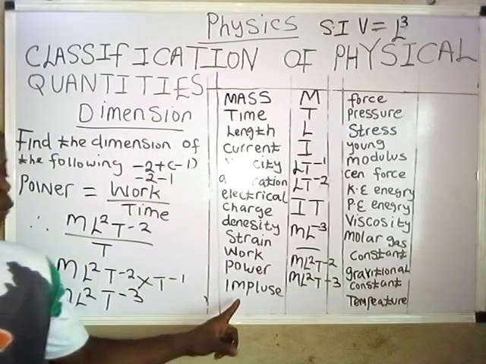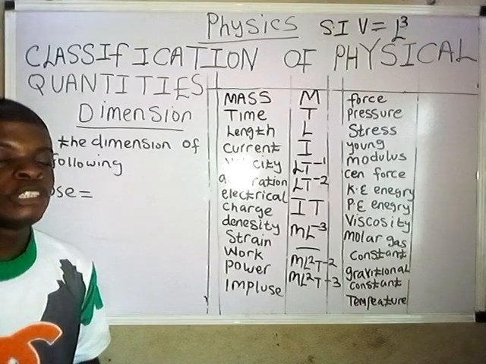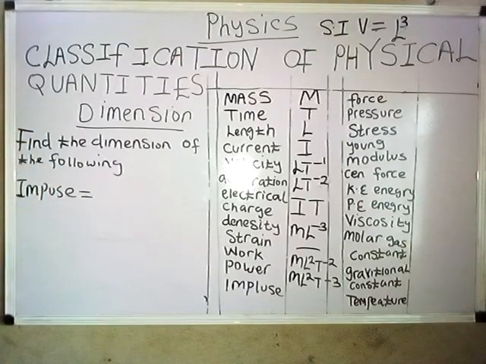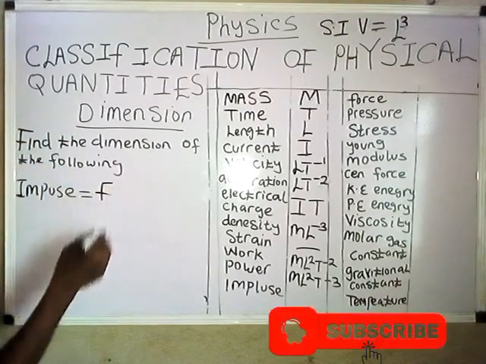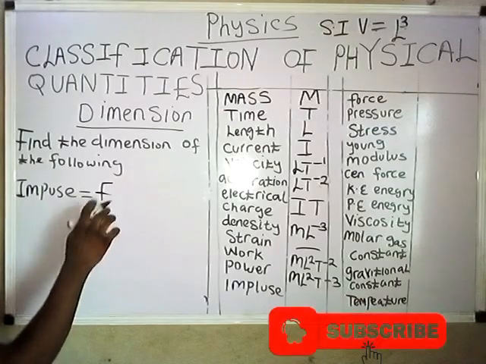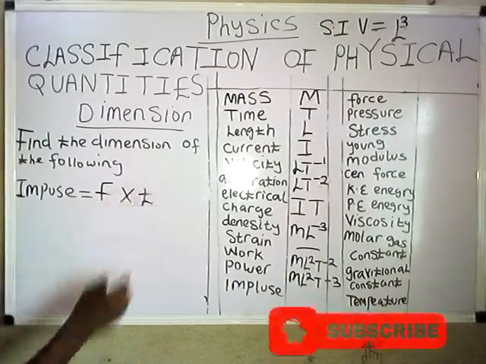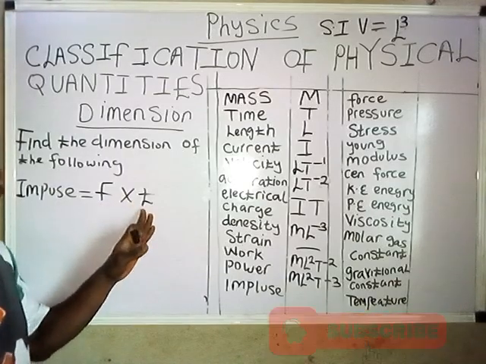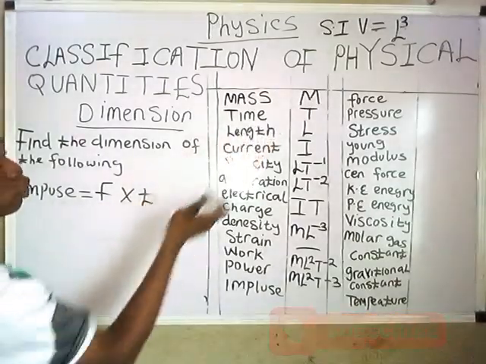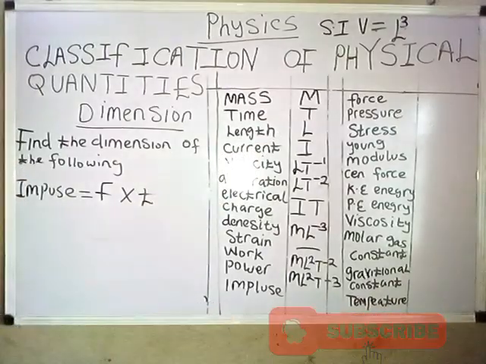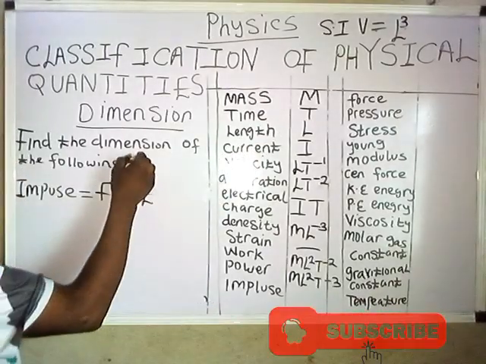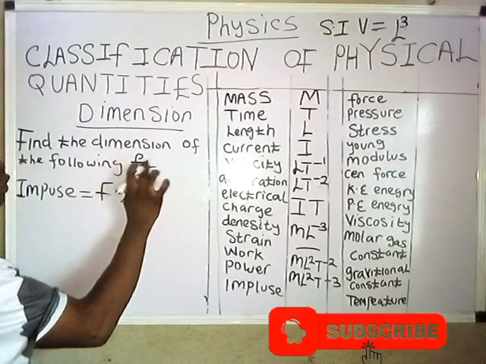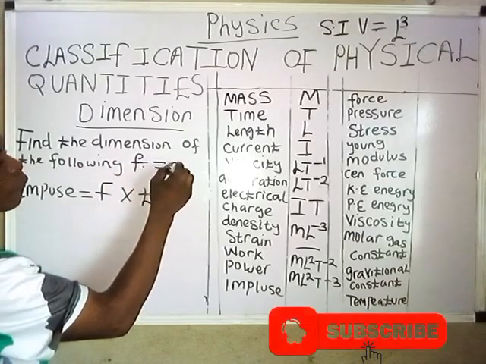So let's get the dimension for impulse. First of all, the formula for impulse is force, let's use the letter F, times time. Let's look at the dimension of force and time. We have the dimension of time here, but we don't have the dimension of force on the board. To calculate it, remember I told you earlier that force is equal to ma.